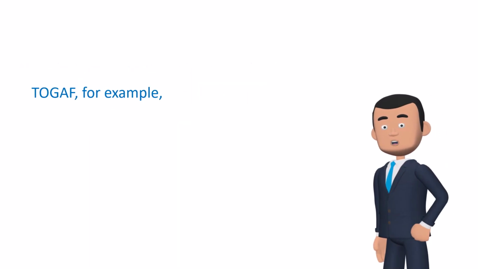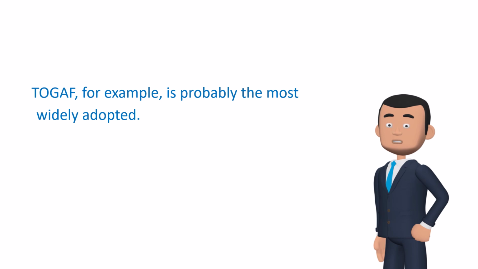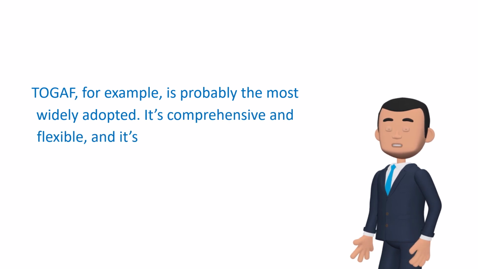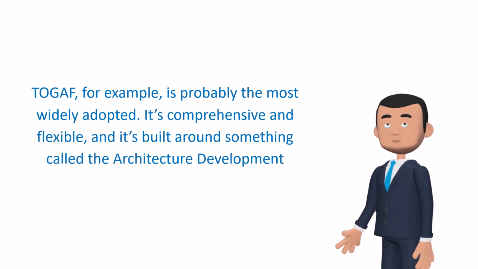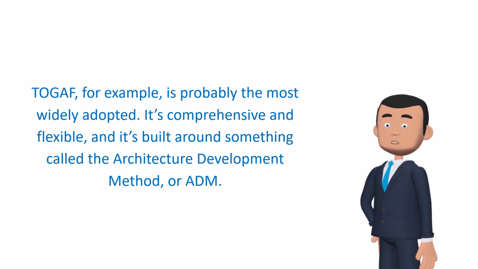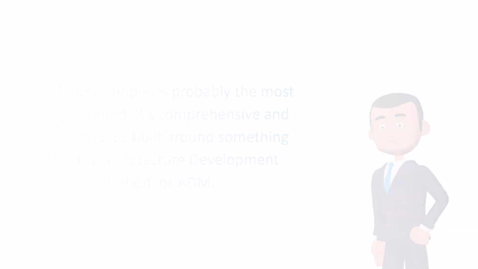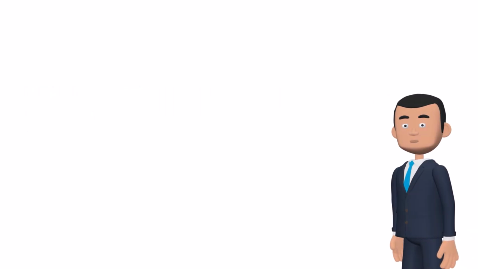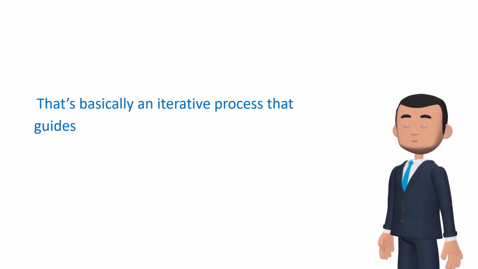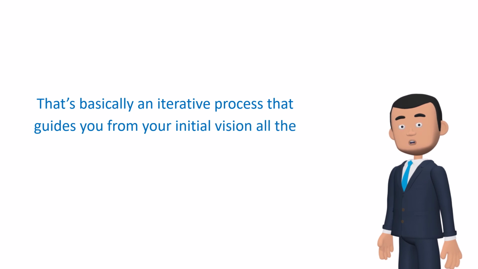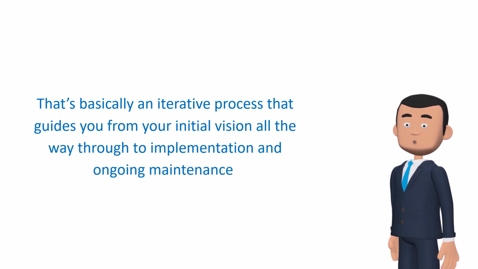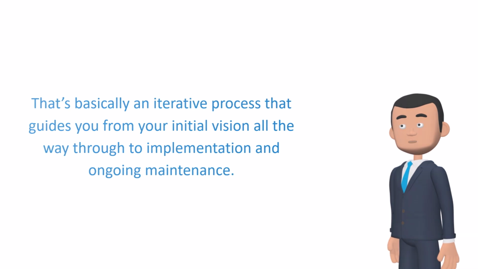TOGAF, for example, is probably the most widely adopted. It's comprehensive and flexible, and it's built around something called the Architecture Development Method, or ADM. That's basically an iterative process that guides you from your initial vision all the way through to implementation and ongoing maintenance.